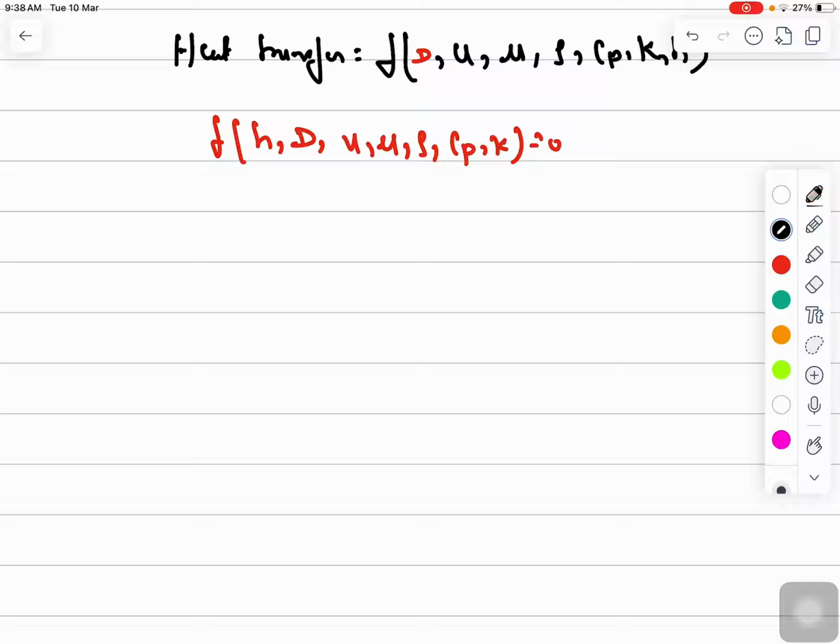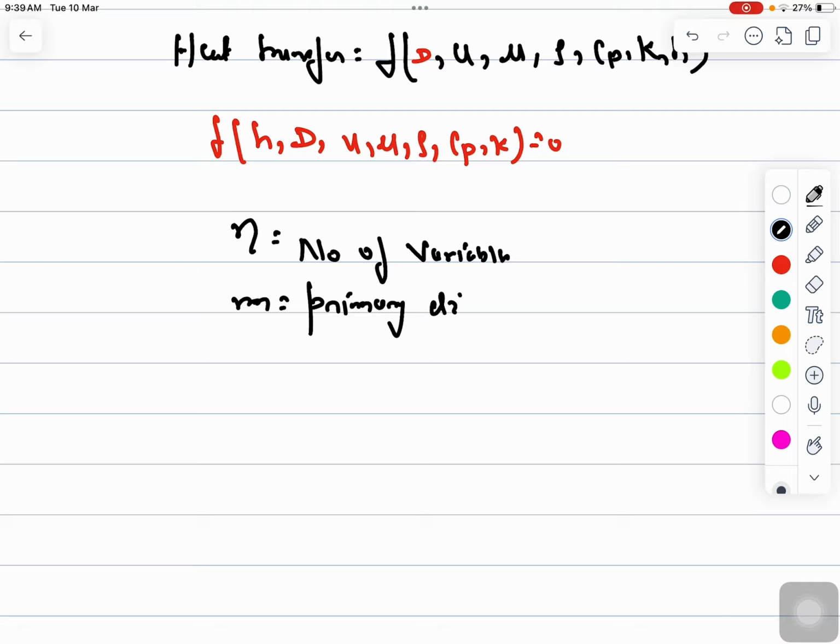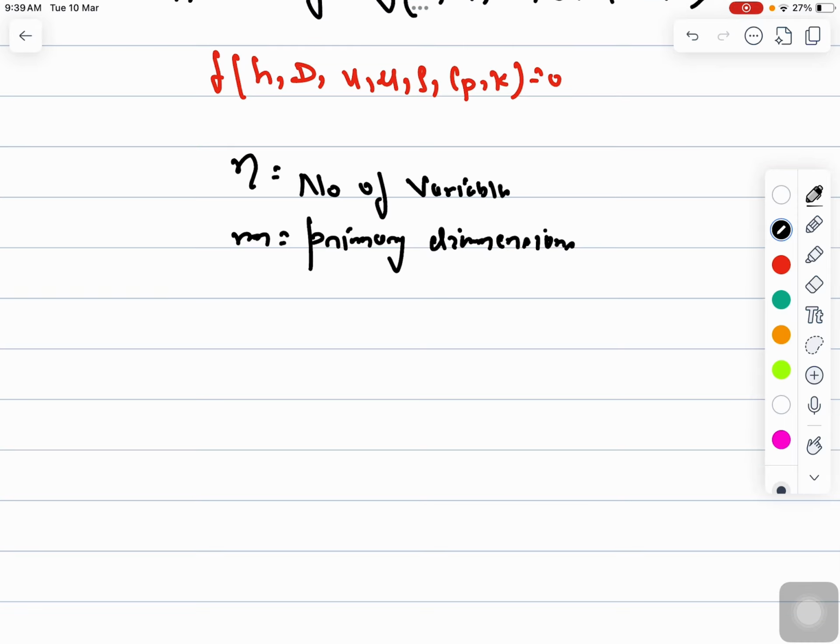So let's say you have n variables and m primary dimensions. So let's say n is your number of variables, and m is your primary dimensions, right?